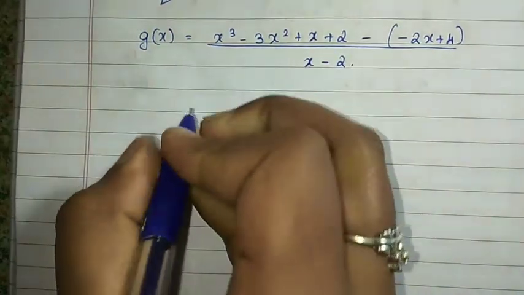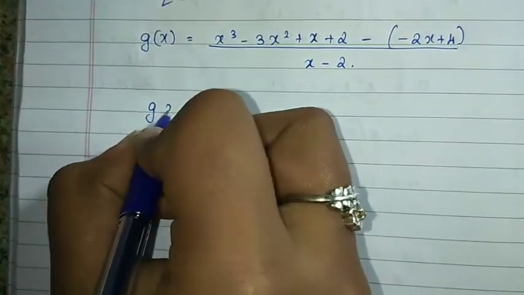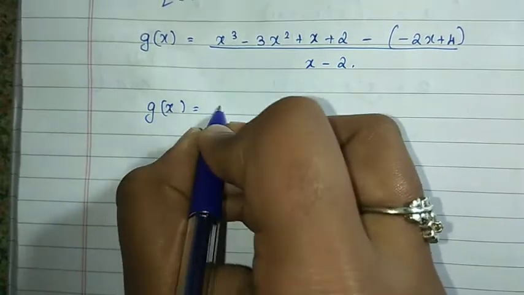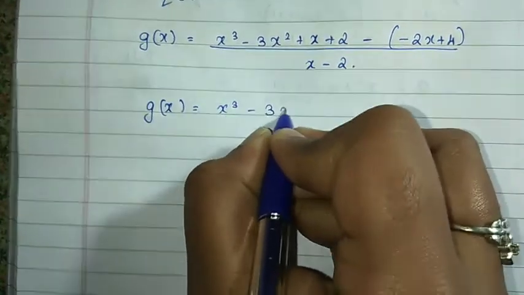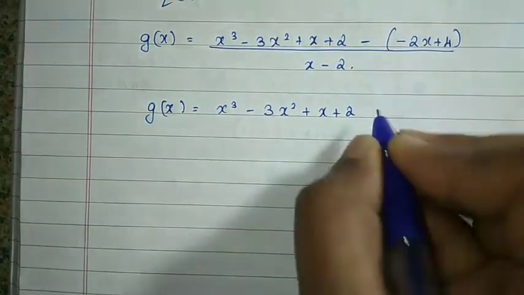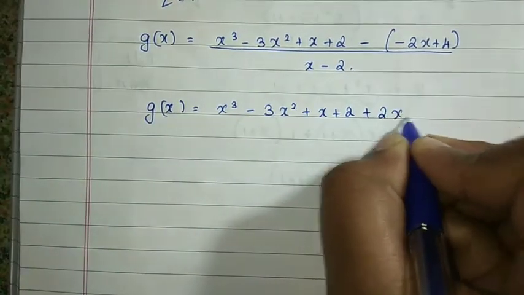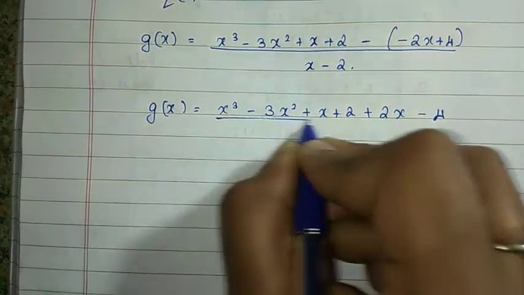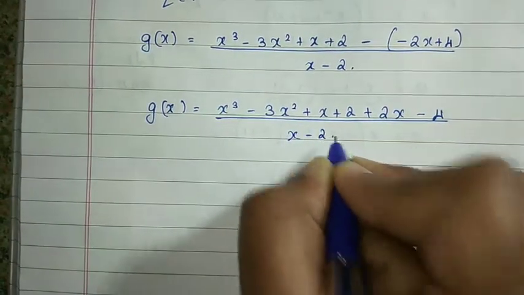So now I will simplify this. So g of x is equal to x cube minus 3x square plus x plus 2. I will take this minus sign inside, so plus 2x minus 4, the whole divided by x minus 2.